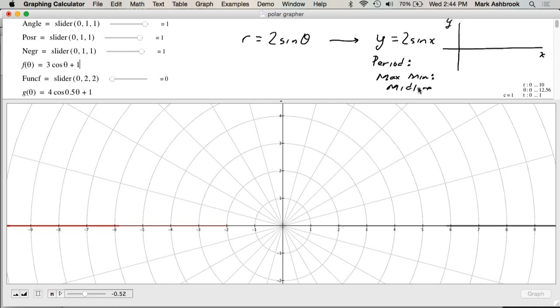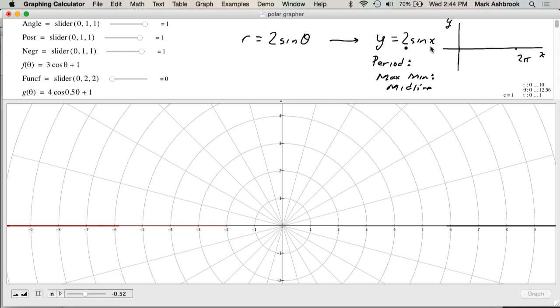So what's the period of 2 sine x? When does it start over again? When does it complete a full cycle? 2 pi, right? If you just have the plain argument x, it's going to start over at 2 pi.